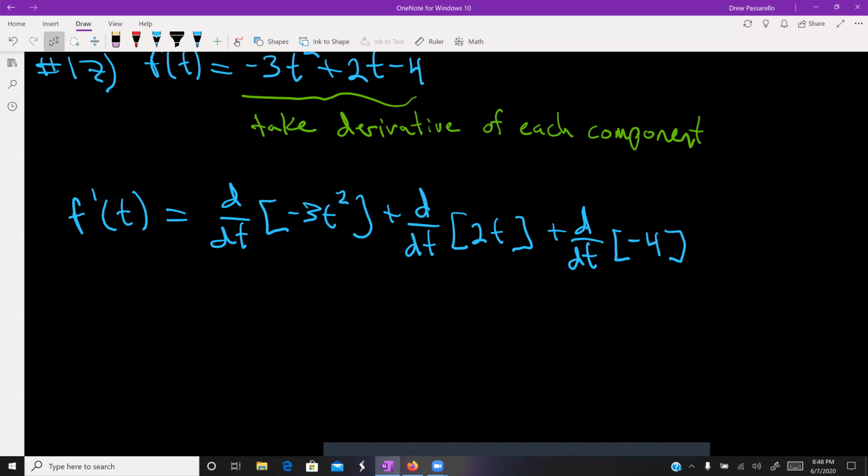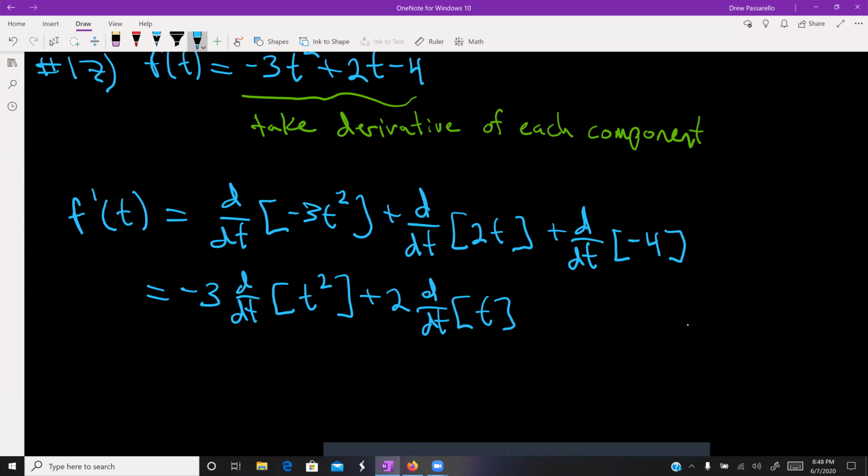For this one, I could factor out negative 3. That's using the constant multiple rule. Then I take the derivative of t squared. I factor out the negative 3, and for this one I factor out 2. Now I focus on taking the derivative of just t. So these use the constant multiple rule.